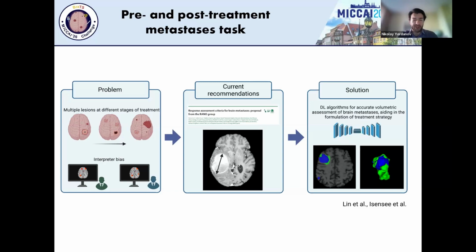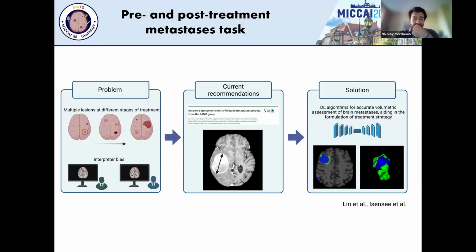And based on the most recent criteria, the assessment of a brain metastasis lesion response to treatment is based on measuring the two longest perpendicular diameters of a lesion on cross-sectional planes. And here I have shown with arrows what this means on axial plane.